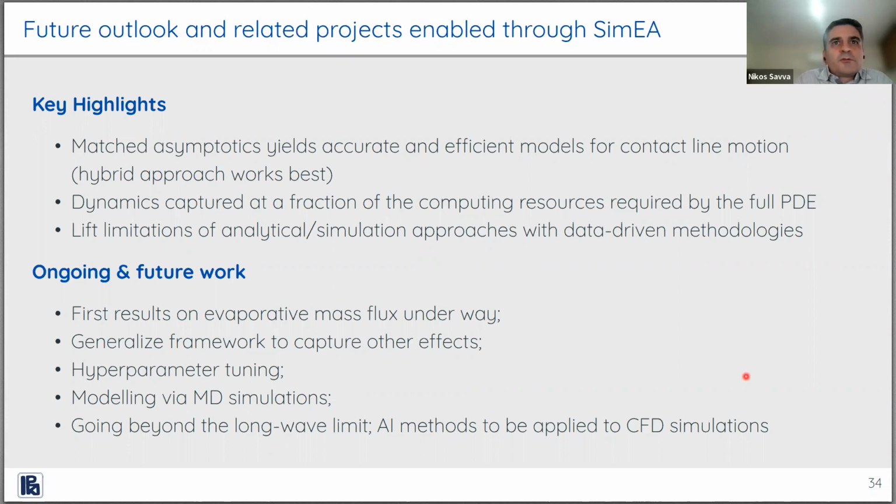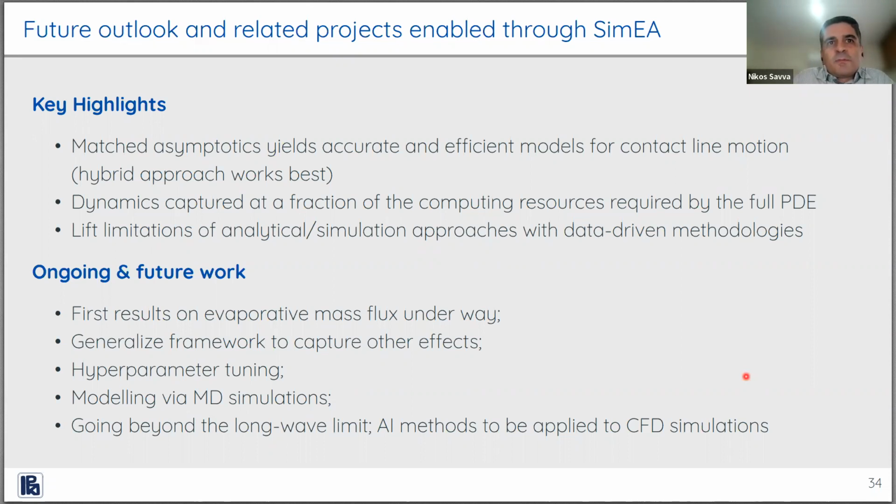Part of the ongoing and future work: we have first the results on evaporative mass fluxes, which were shown before, which are underway. We want to generalize this framework to capture other effects. We are about to start to perform hyperparameter tuning to optimize the features of the network so that it performs the best.